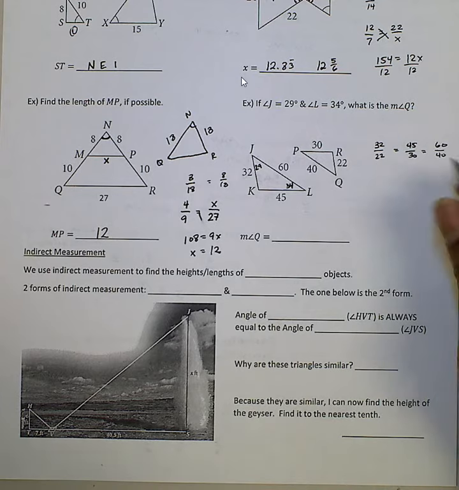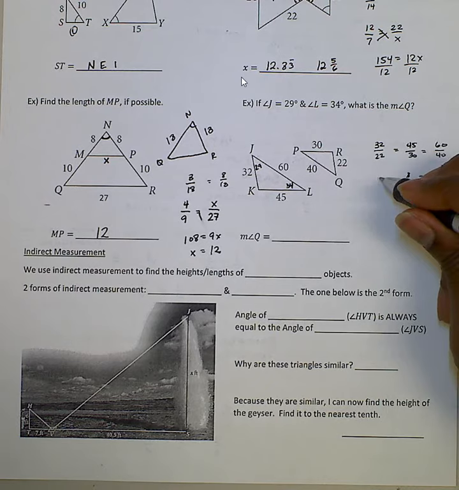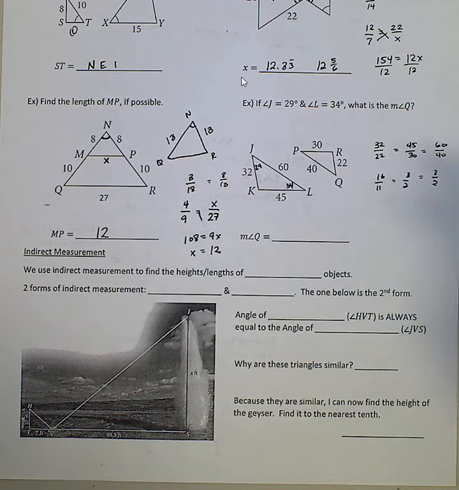All right, and now once I simplify that, that gives me 3/2. I know that much. That gives me 3/2. I know that much. That does not give me 3/2. I do not know what that simplifies down to. 16 over 11. Okay, which is not the same. So we see that these are not similar triangles by side, side, side.